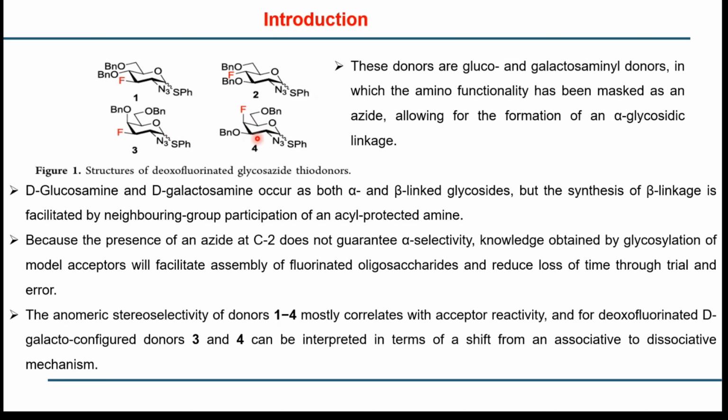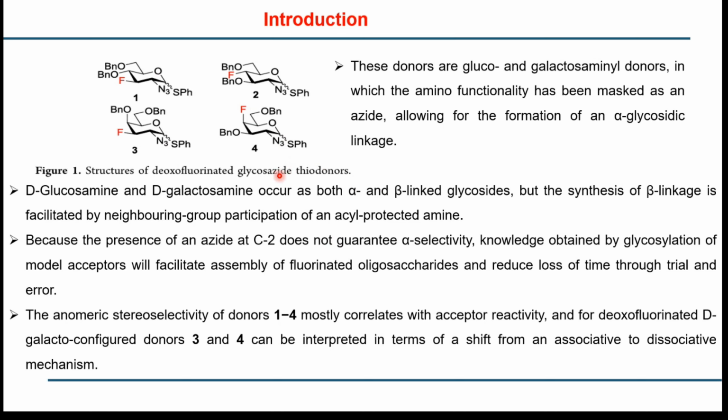So here they have masked this C2 position with the azide group, because in the case of beta linkage, that is very much known by NGP if there is an ester functionality present at C2. But in the case of azide, that will not guarantee that it will give only alpha; there will be a role of the donor as well as the acceptor in the outcome of this glycosylation.